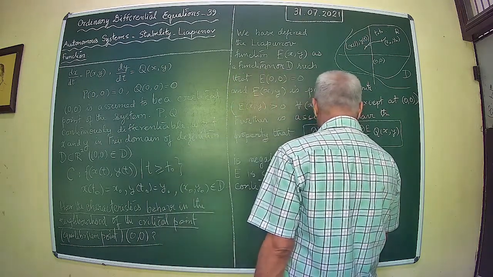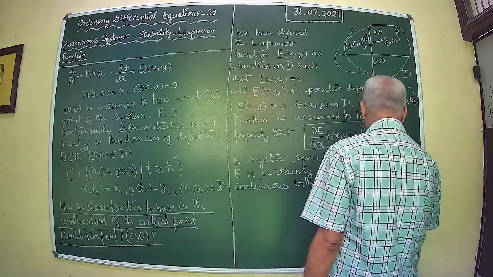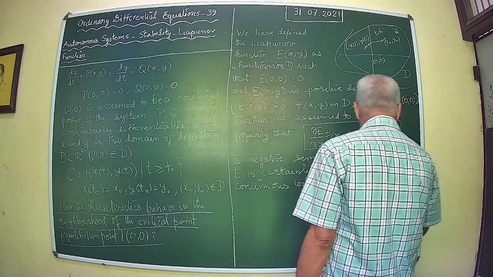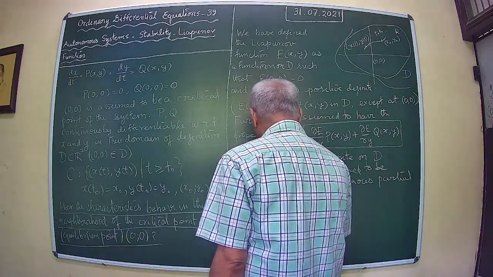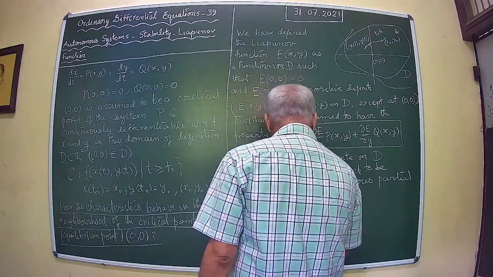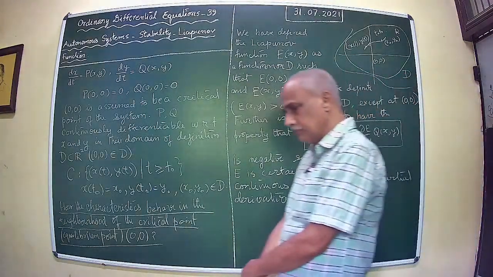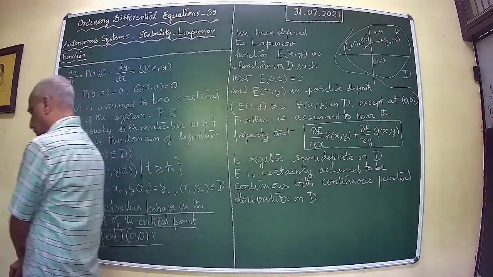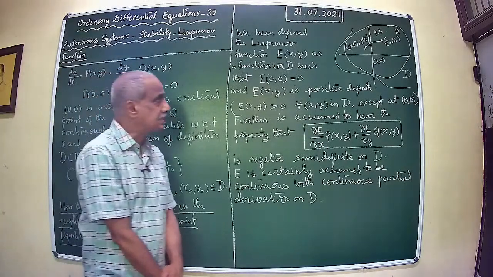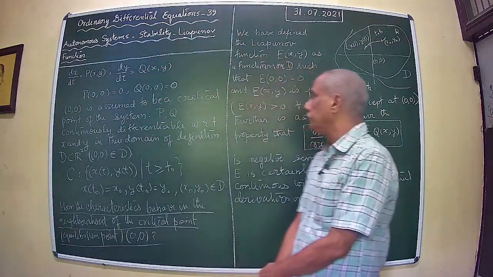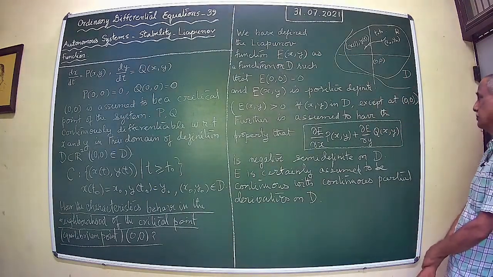Continuous partial derivatives. So what we have is that E is a continuous function defined on D, having continuous partial derivatives with respect to x and y. It vanishes at (0, 0), and E(x,y) is positive definite.